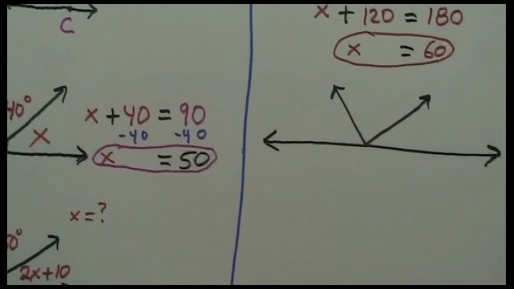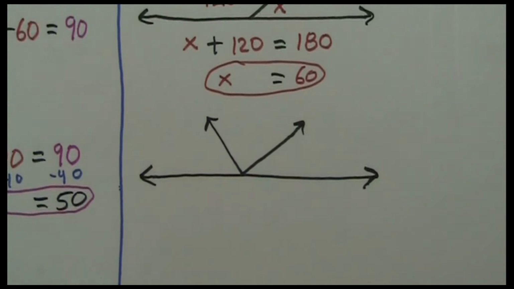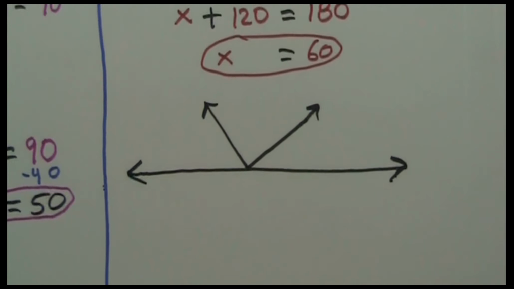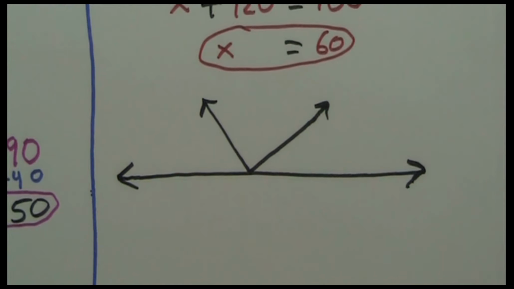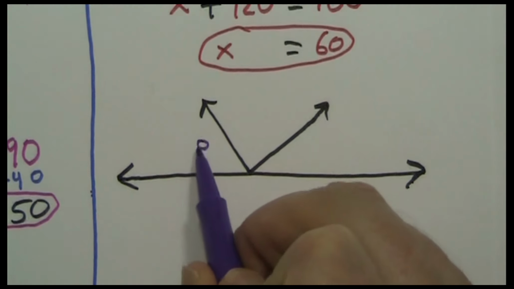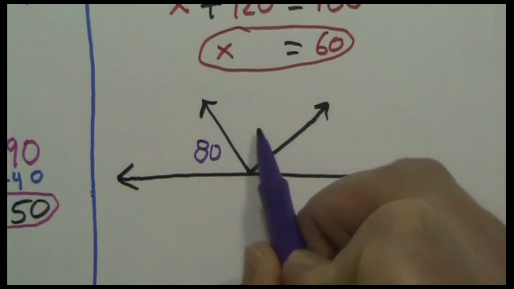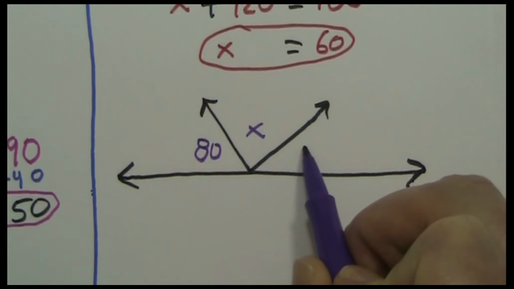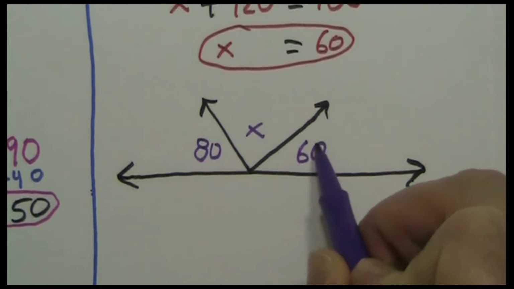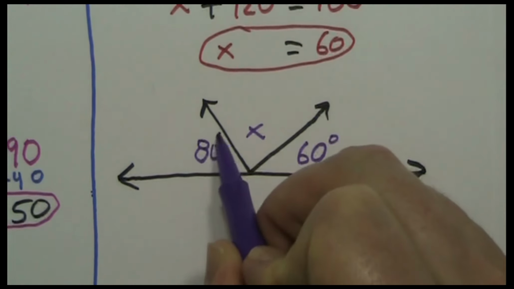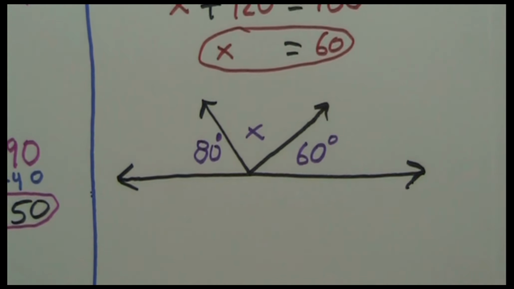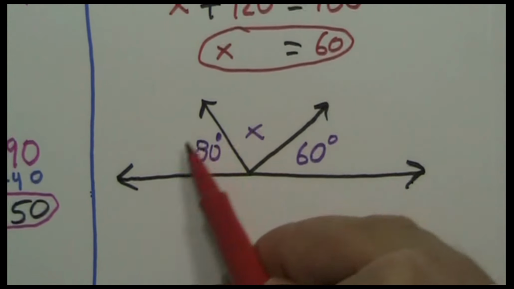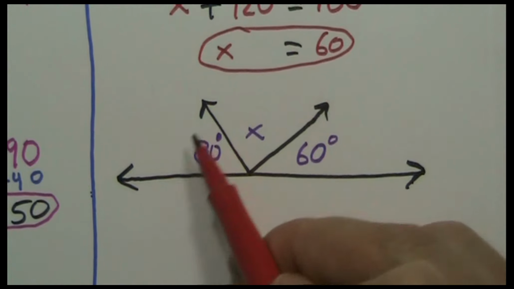Okay, so here's our next one. And let's say that this angle here is 80. This is your X, and this is 60. All right, so this is 60 degrees, 80 degrees, and you don't know this one there. So to figure this out, you know the whole thing adds up to 180.